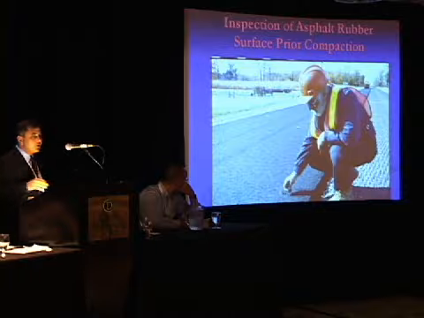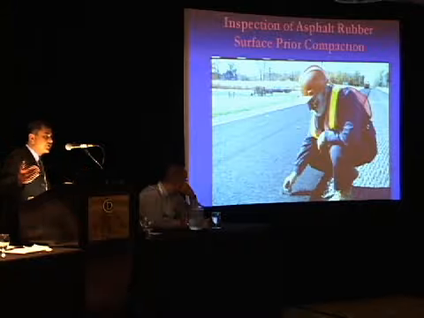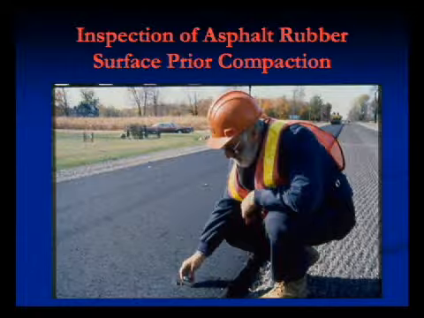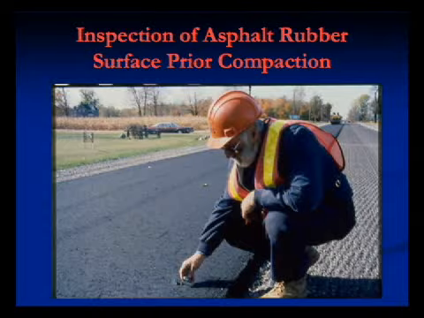And of course, we all focus so much on temperature. When we're making compaction, we all think about temperature, keep it hot, compact it as hot as you can get. However, if your basic product is not within the specification, temperature is not going to be a solution to your problem.